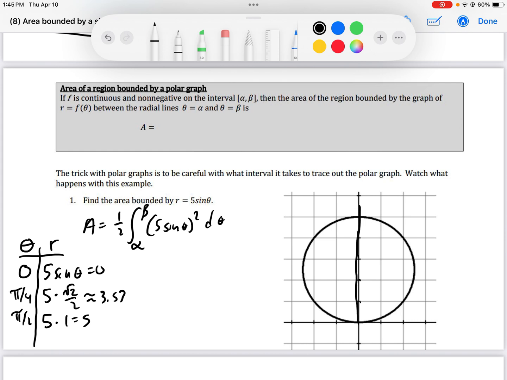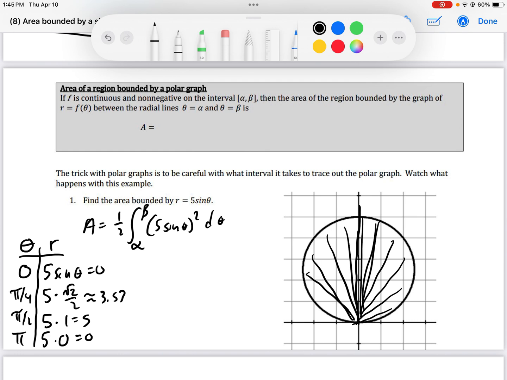So yeah, I'm pretty sure at this point, if I plug in pi, 5 times sine of pi is 0. So yeah, I get radius 0. So it's gone. The radius is getting bigger. It gets to 5, gets smaller again, back down to 0. So my limits of integration are going to be, like I thought, 0 to pi.